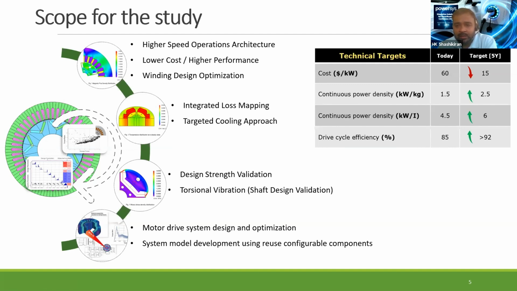On power density, we wanted to achieve a higher power dense machine, a continuous power density at a different level in terms of kilowatt per amp, and also an overall drive efficiency of more than 92%. So this is something that we have in mind, and we are still working towards achieving some of those targets.